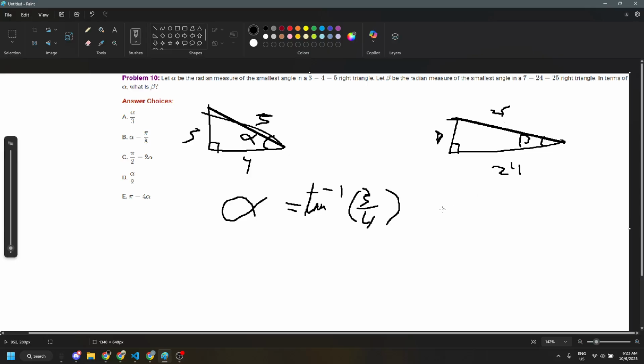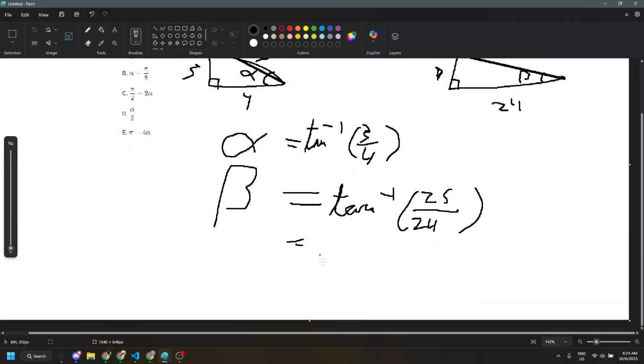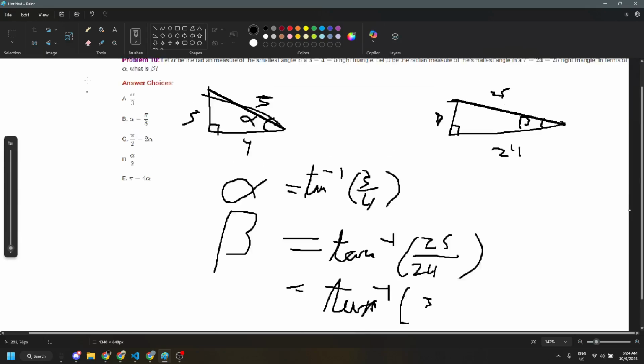And beta is equal to its inverse tangent of 25/24, which is equal to the inverse tangent of 3 over, no, you can't take 3/4 out.